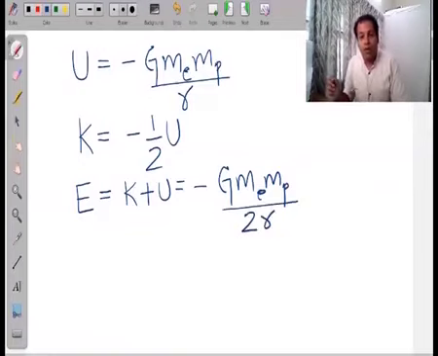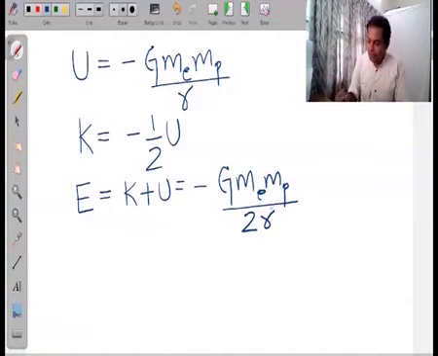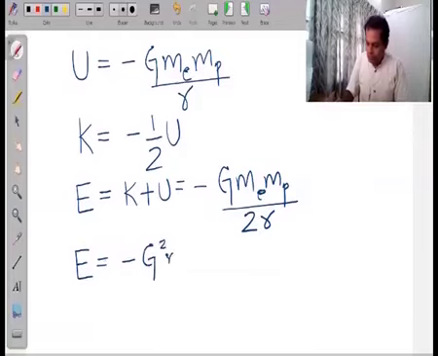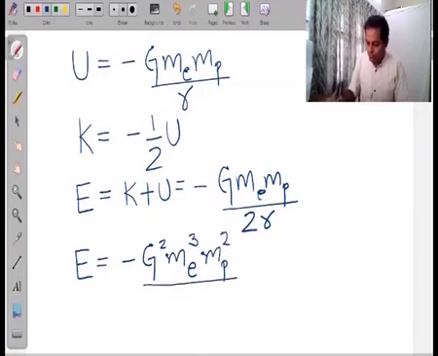We have found the value of R in the previous slide, and let us plug that in here to obtain that your total energy is minus G square mass of electron cube mass of proton square upon 2 H bar square.